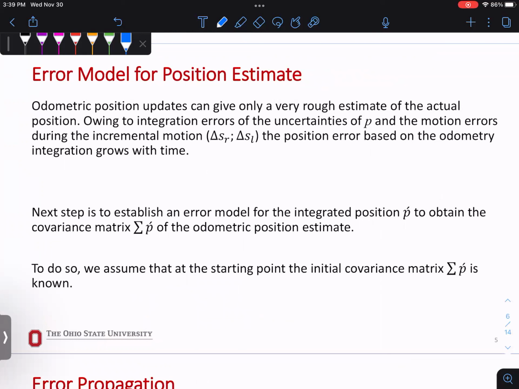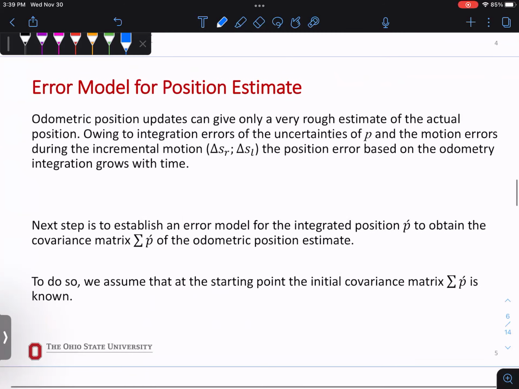Now, we defined a function, and before we get into how to solve that, we need to talk about the error model a little bit. For odometry, we usually have very rough estimates. If we are not using GPS, if we're not correcting, we always have an error, right?